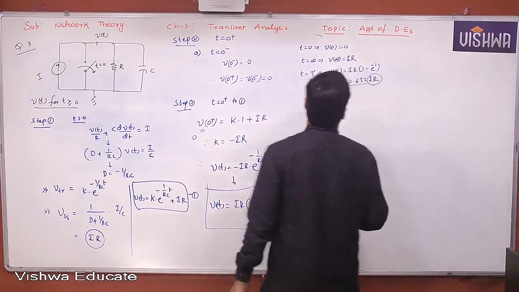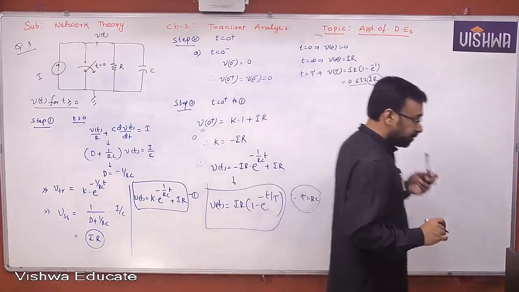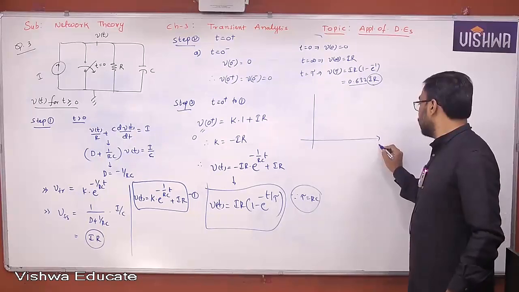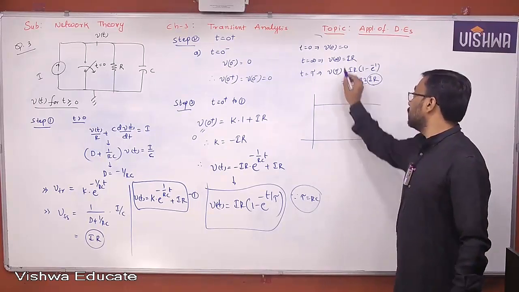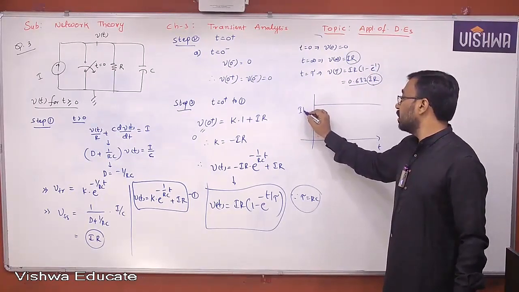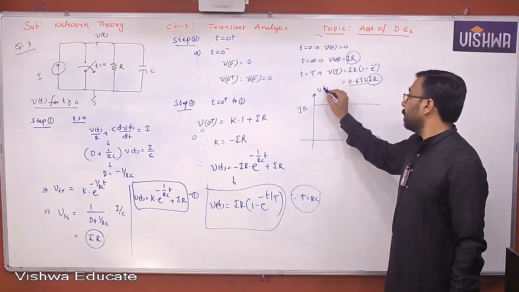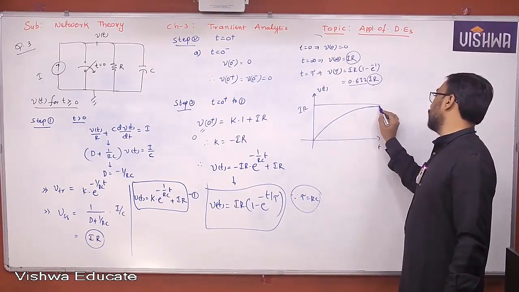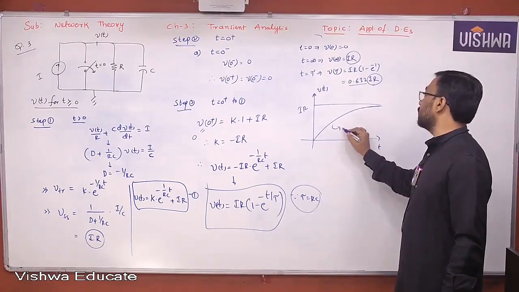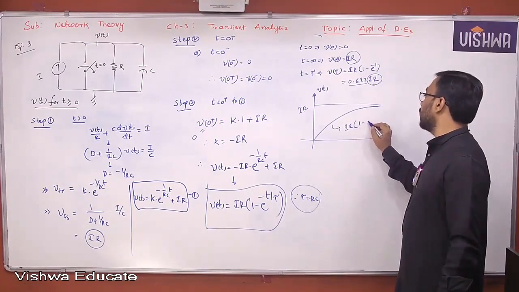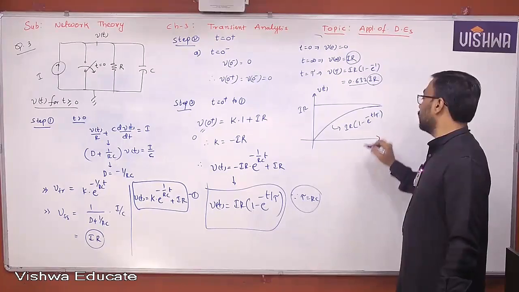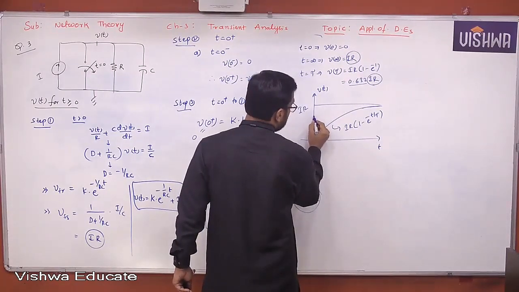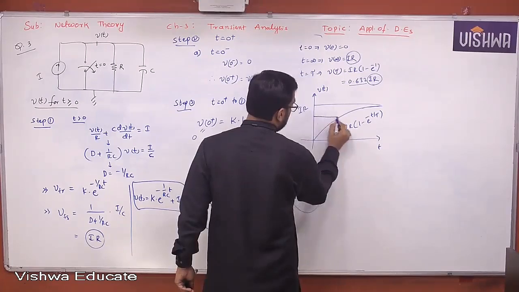Okay, then now the waveform, when you see. T axis, this is very clear, IR, this is V of t, starts from 0 and exponentially increases. This is IR into (1 minus e power minus t by tau). And the response reaches 0.632, somewhere around like this, let us say.